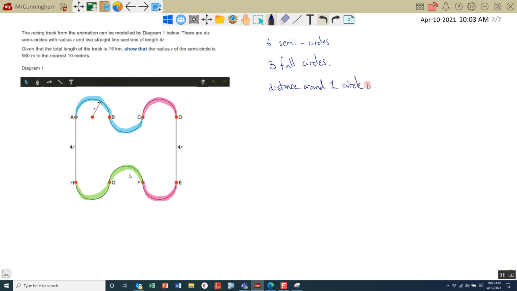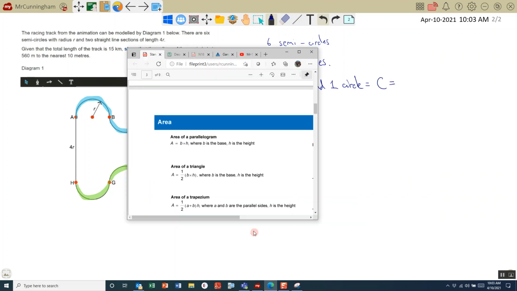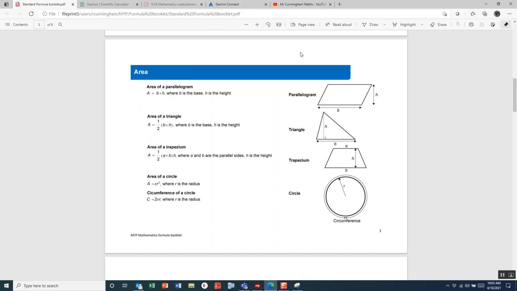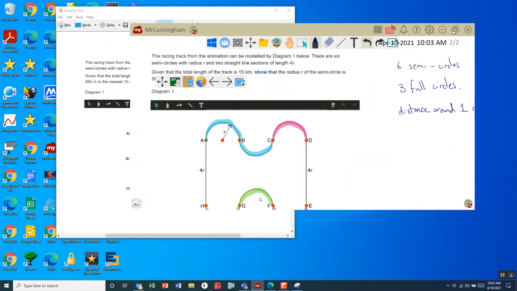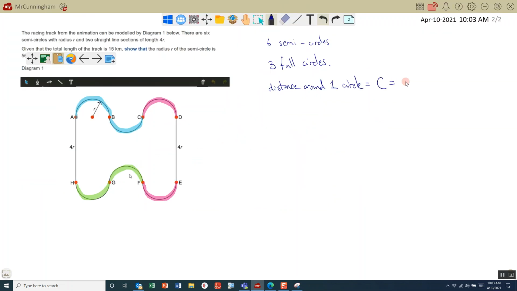So the distance around the circle is called the circumference, and I have got the formula for that in my formula booklet. Circumference is 2 pi r, where r is the radius. This is just for one circle at the minute, so imagine just the blue one. So C is equal to 2 times pi times r.